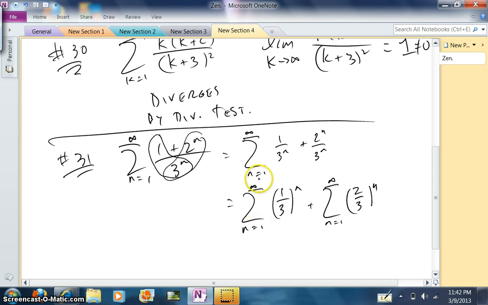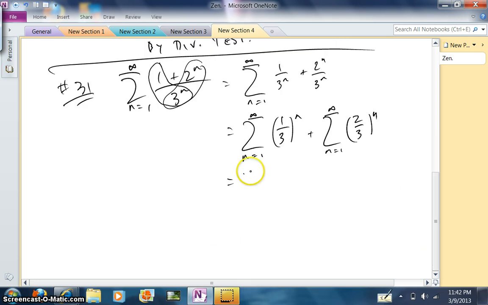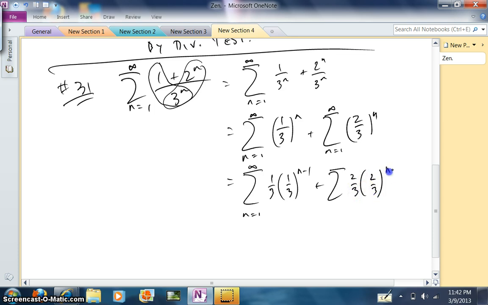We have the 1 to infinity, but this is usually n minus 1. So the trick to deal with that is let's pull a 1/3 out. I have 1/3 times 1/3 to the n minus 1. And then I have 2/3 times 2/3 to the n minus 1.